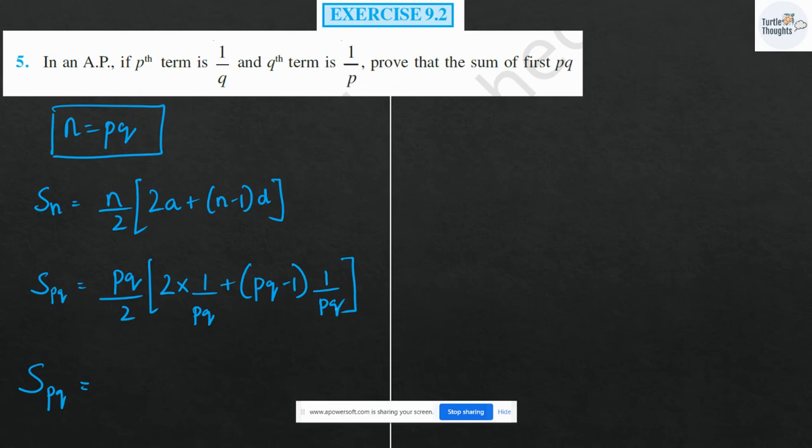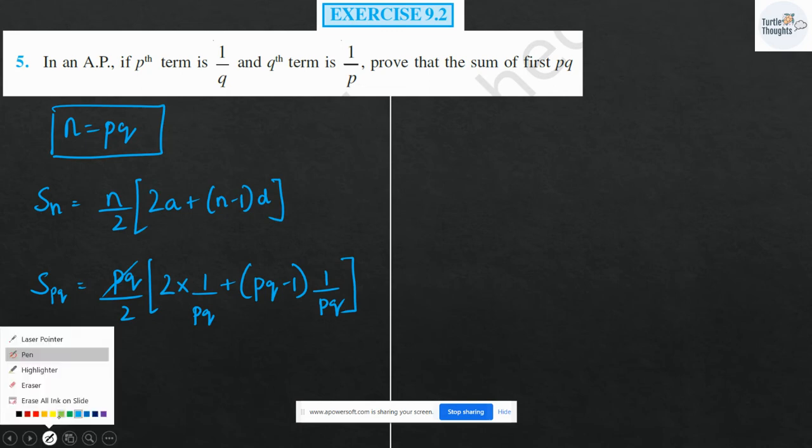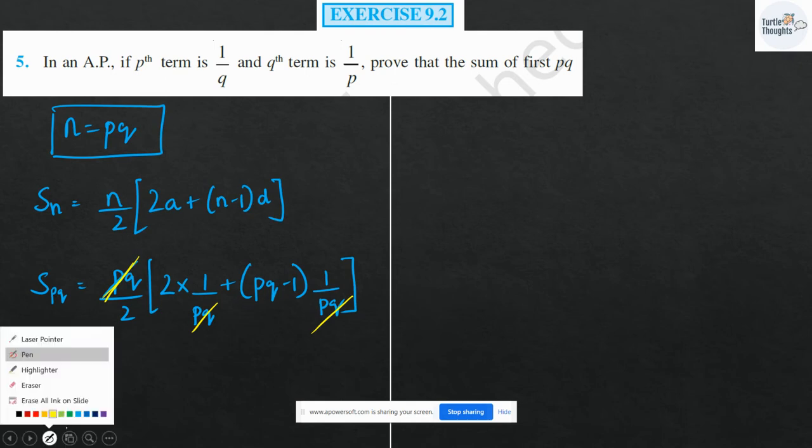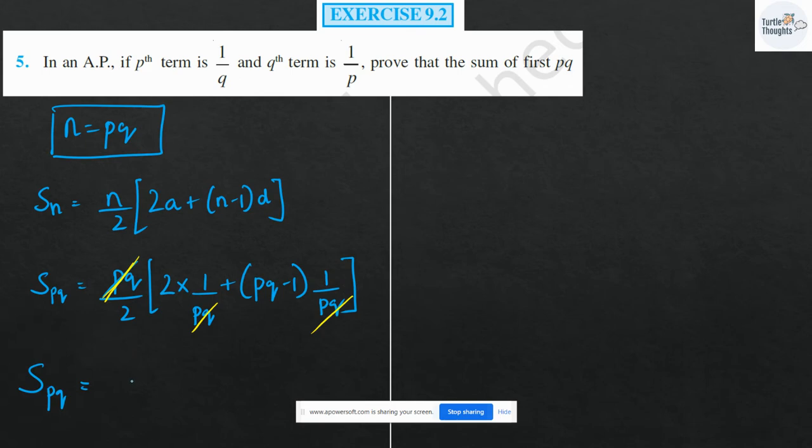Here PQ is there, here also PQ is there. So can I cancel this PQ with the other two PQs? These two PQs are commonly multiplied with the PQ over here. So I can cancel all these three PQs. So I will be getting here 1 divided by 2 multiplied by 2 plus PQ minus 1.